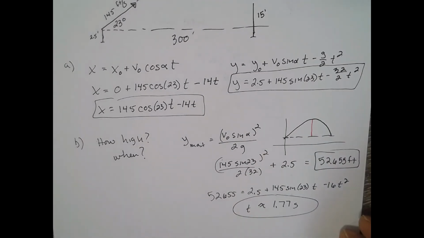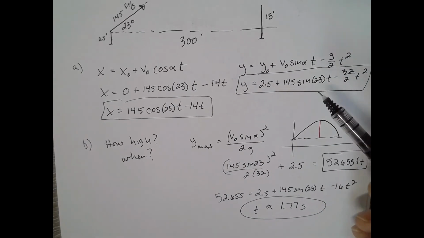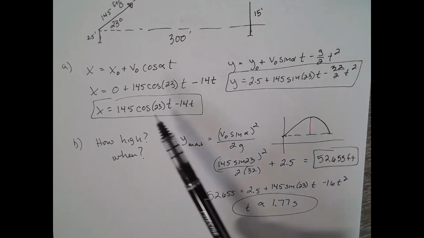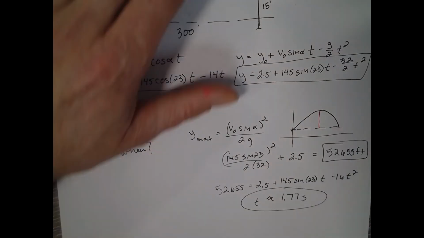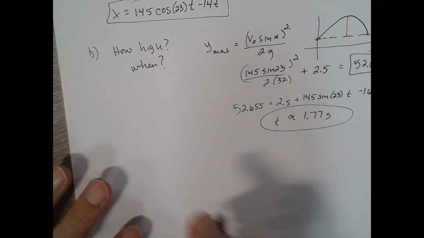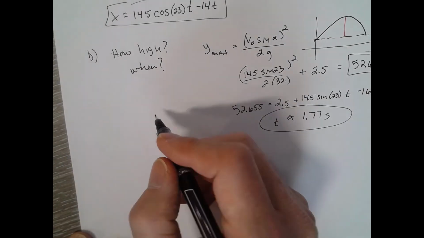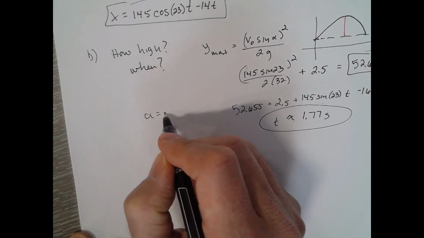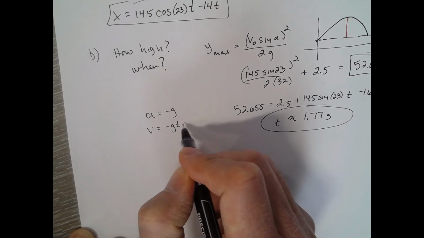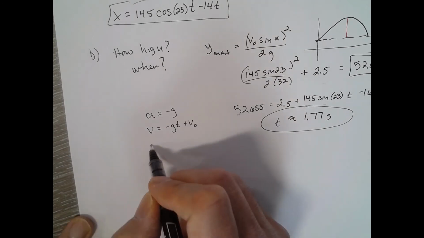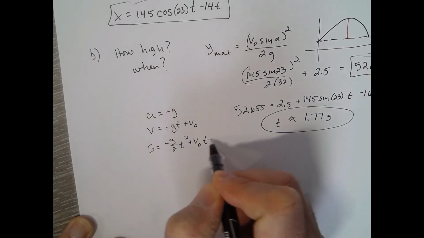And a third way we could have done it is, rather than using the parametric form, we could just talk about vertical velocity. If you start with acceleration equals negative g, then the velocity is negative gt plus v sub 0, and our position is negative g over 2 t squared plus v sub 0 t plus s sub 0.